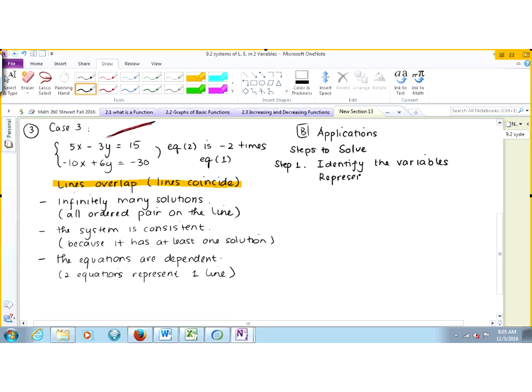And then we also represent the unknown in terms of the variable. Now, step 2, we create a table or diagram if necessary, only if necessary.